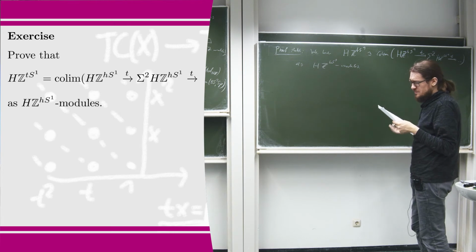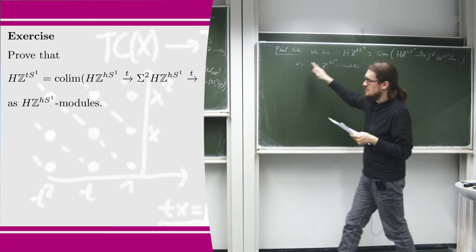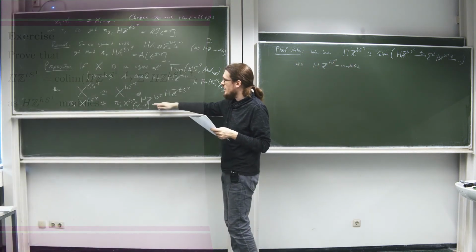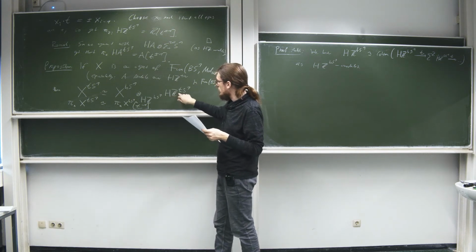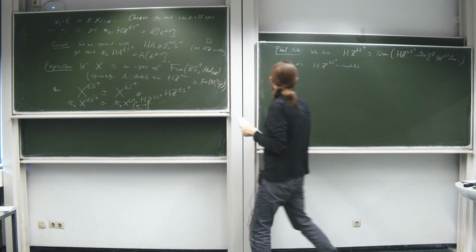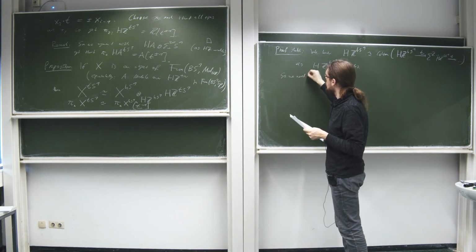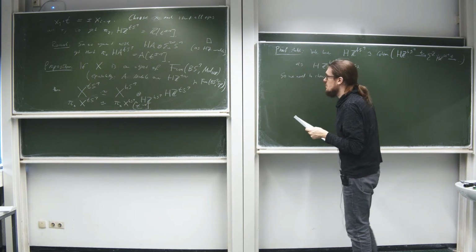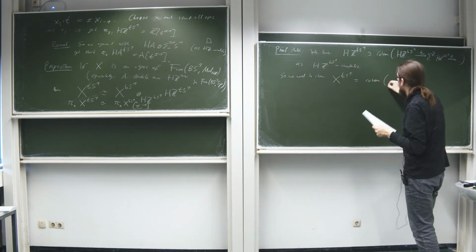So once we know this, if you tensor this expression here with X HS1, we see that we need to show that X Tate S1 is the same kind of colimit.